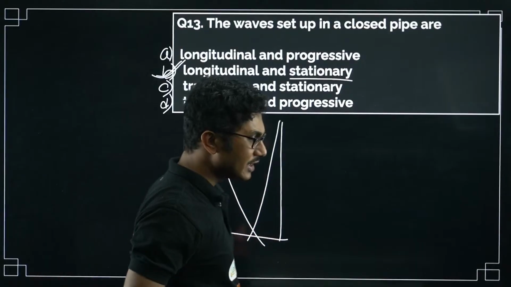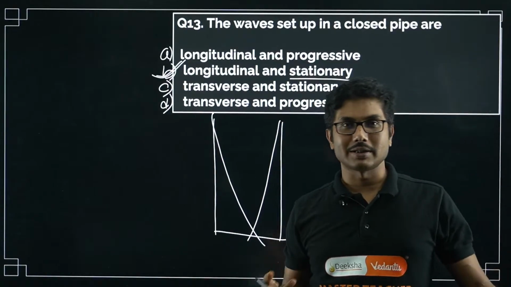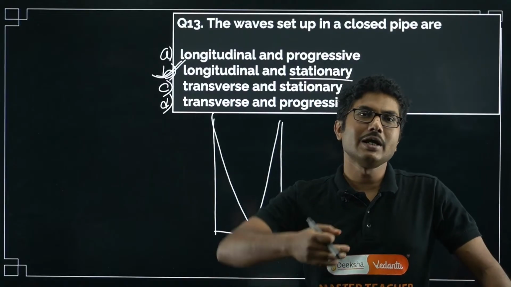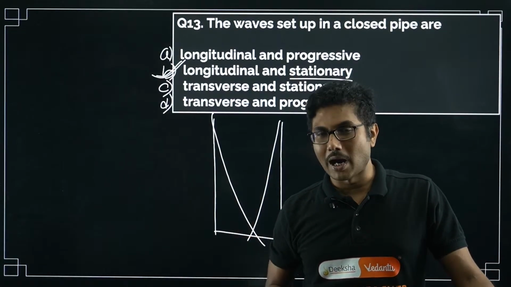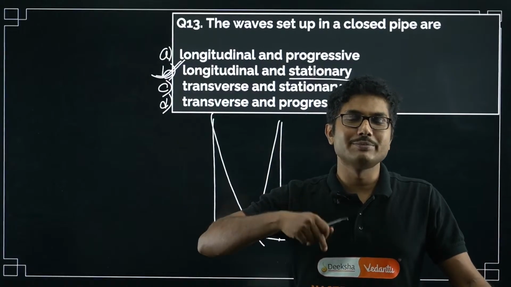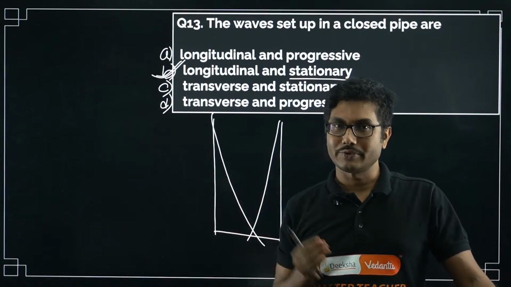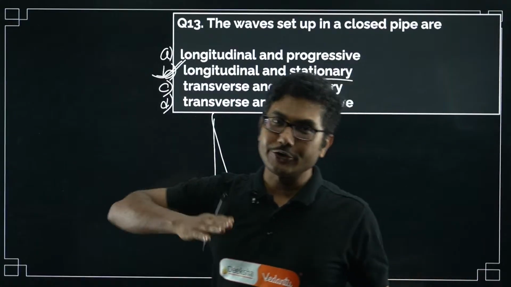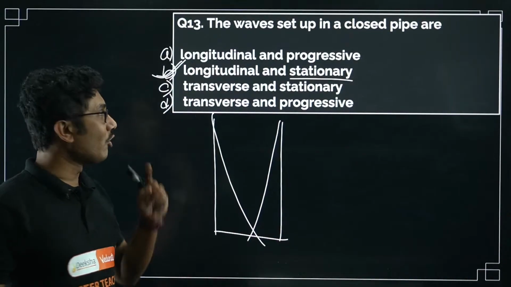Because we are using sound waves. In a closed pipe, the stationary waves are created using sound waves, either a tuning fork or your mouth. Whatever sound is being created, sound is a longitudinal wave, not a transverse wave.